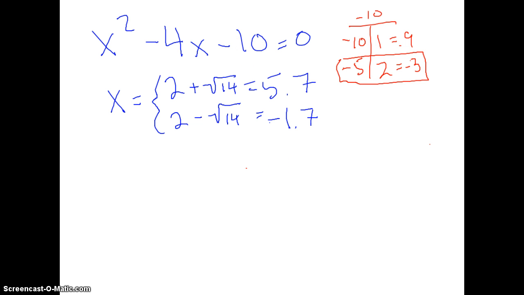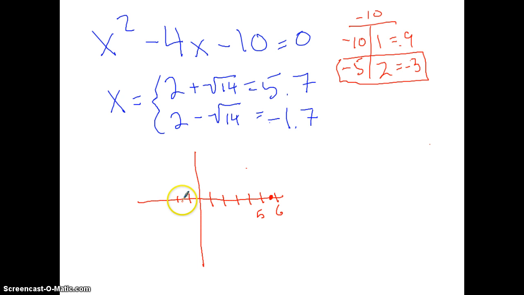So one way of doing this is with factoring. Another way of doing this is with the quadratic formula. And another way of thinking about it is with the graph. The graph told us that there were two x-intercepts. The first x-intercept was here between 5 and 6 at 5.7.